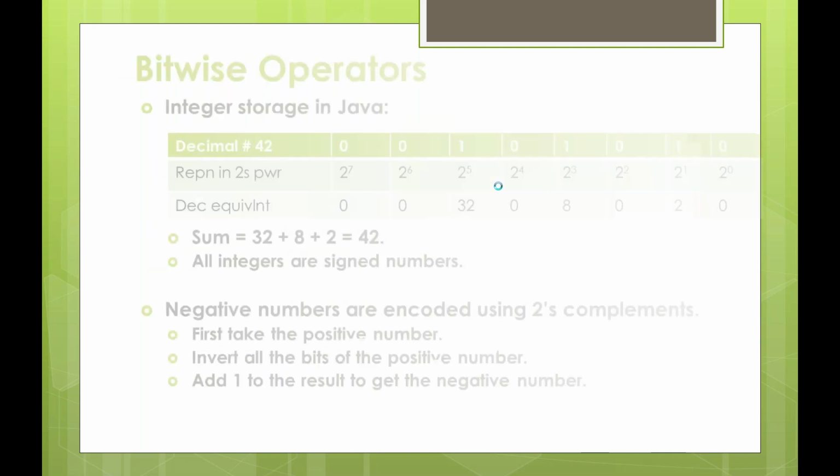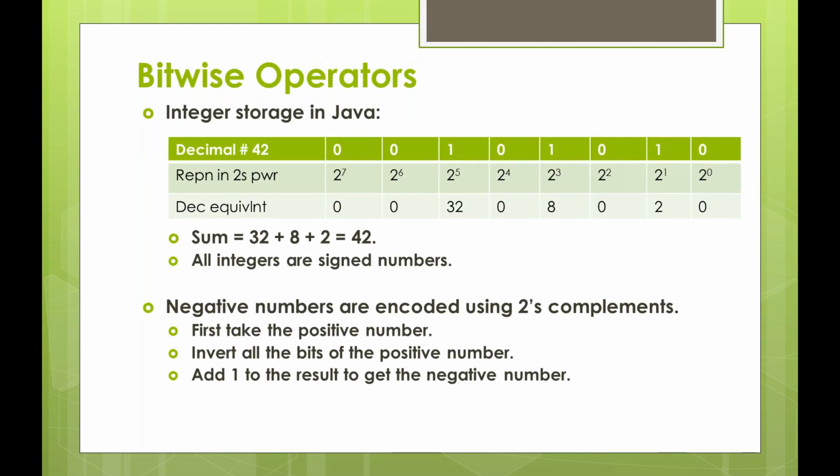Based on what value is there on the most significant bit, it is decided whether it's a positive number or negative number. So let us take an example. In decimal we represent 42. The decimal number 42 is represented in binary as 0 0 1 0 1 0 1 0.